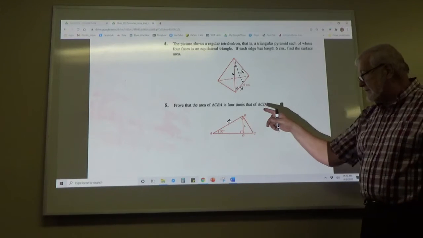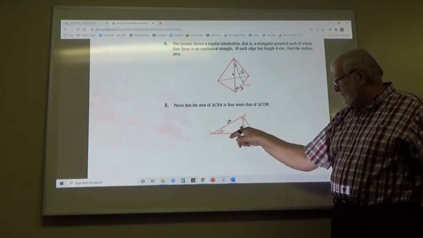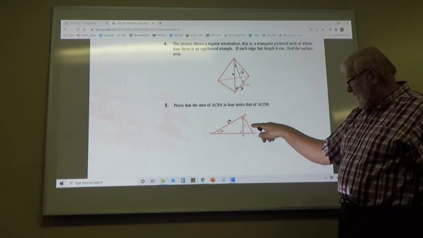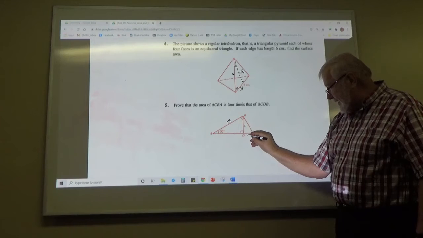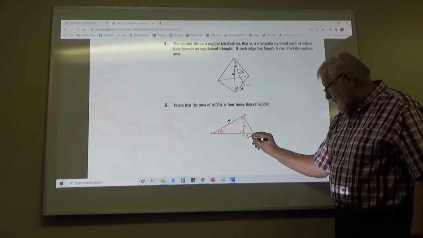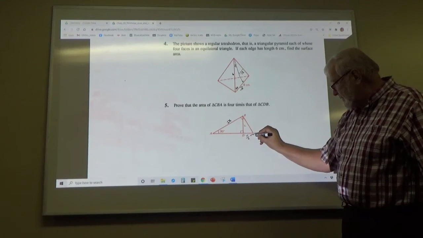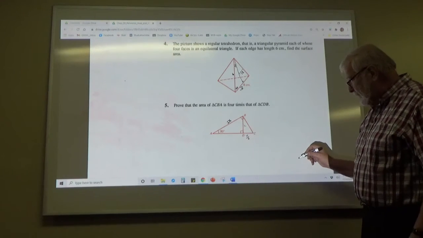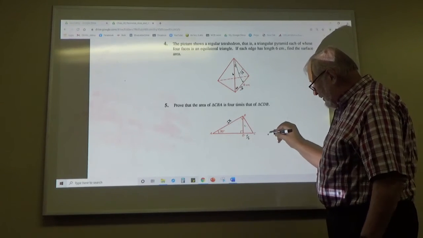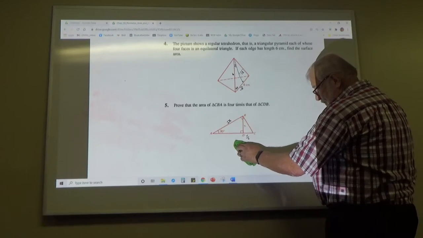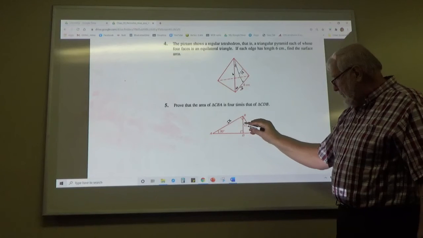All right, C, B, A is the big triangle. C, D, B, all right, this right here is x over 2. Actually, I'm sorry, square root of 3. No, that's the short side, right. The 30 side is x.